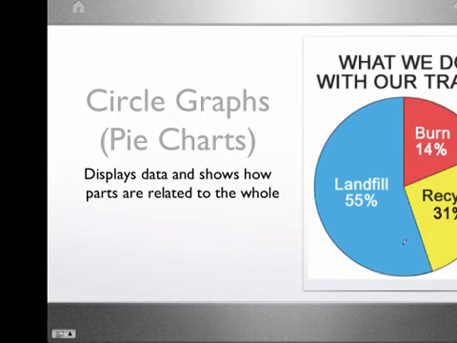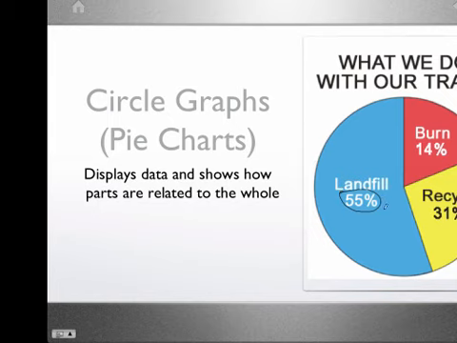Now circle graphs, sometimes called pie charts, also are an excellent way to display data. But the difference in a circle graph is that it shows how all of the parts are related to a whole. So for instance, in this actual example, we can see that of what we do with our trash, 55% we put in the landfill.